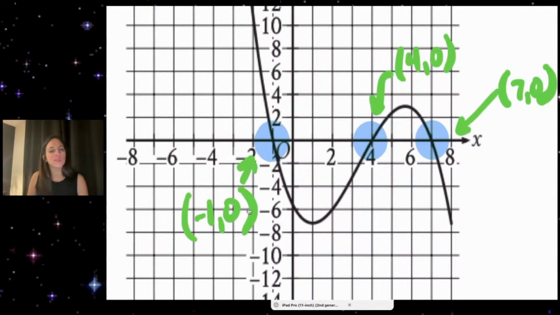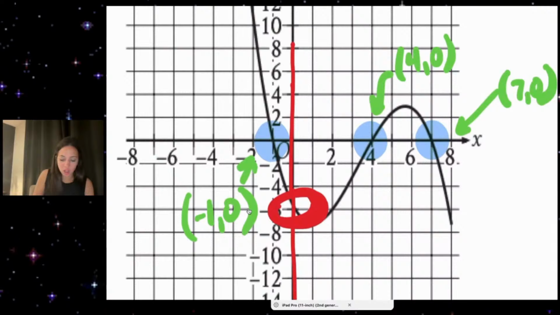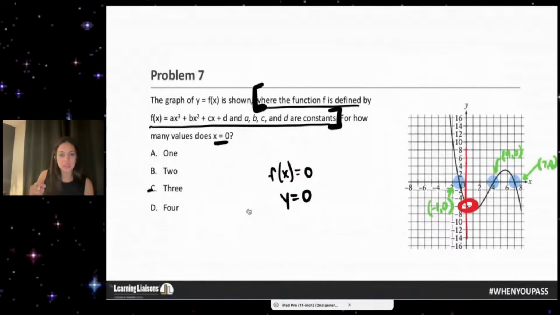Where does x equal 0? The y-axis. And the y-axis is right here. How many times does this graph cross the y-axis? Only 1. How many values does x equal 0? Only 1. That was a trick question.